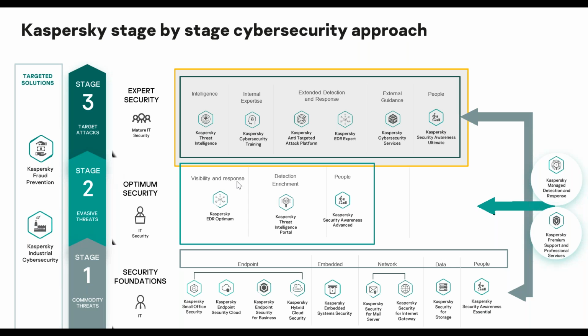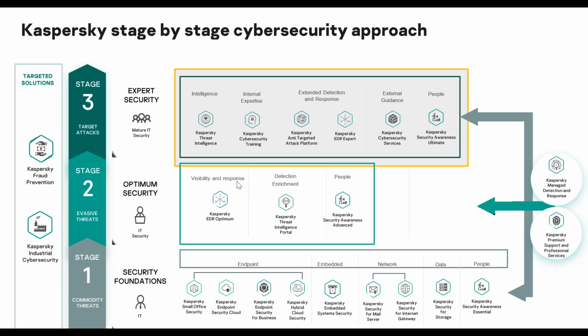On stage 3, as you can see, we have some Kaspersky threat intelligence tools, which we're going to discuss in more detail later on. We also have the cybersecurity training, which is a very specific training for the cybersecurity team within the organization.